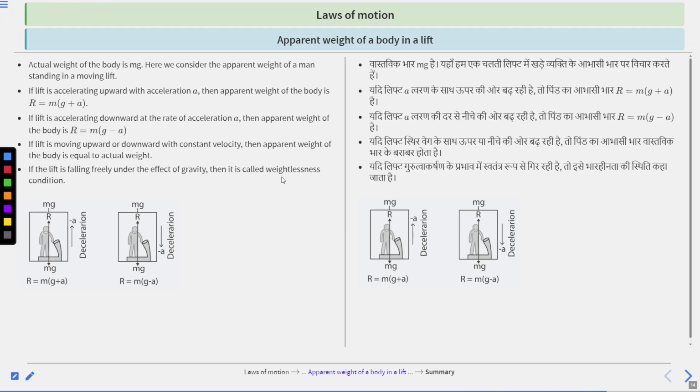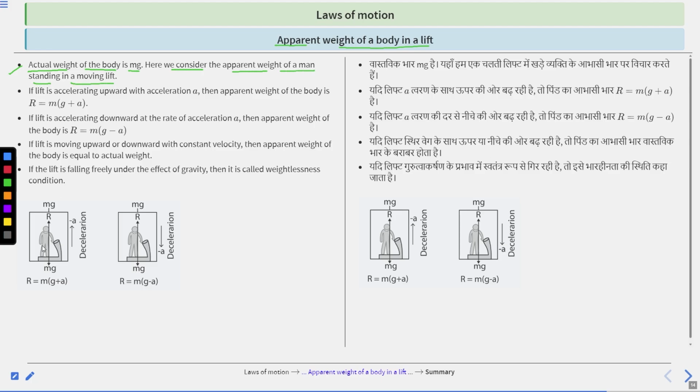Next is the apparent weight of a body in a lift. The actual weight of a body is mg. Here we consider the apparent weight of a man standing in a moving lift.